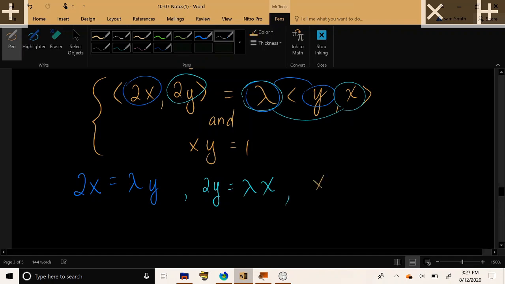Then finally, with the constraint equation, xy equals 1, I have 1, 2, 3 equations that I have to solve containing 1, 2, 3 variables.